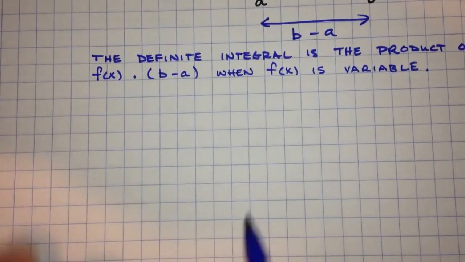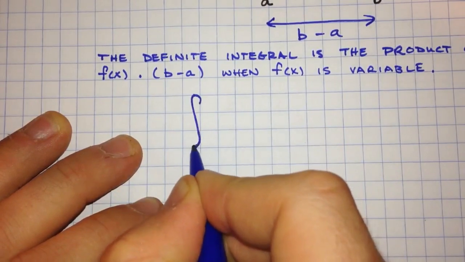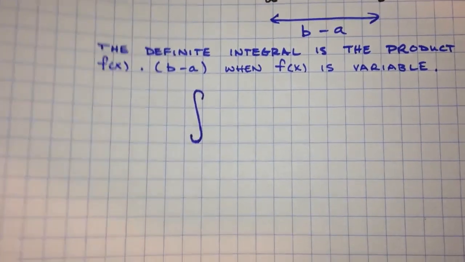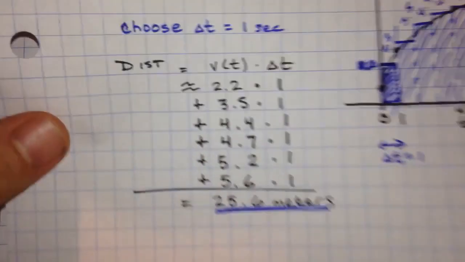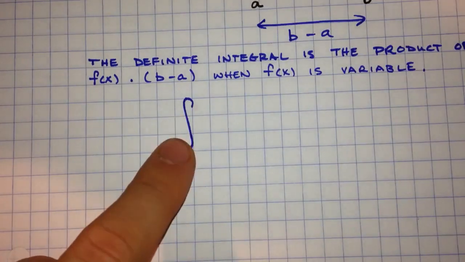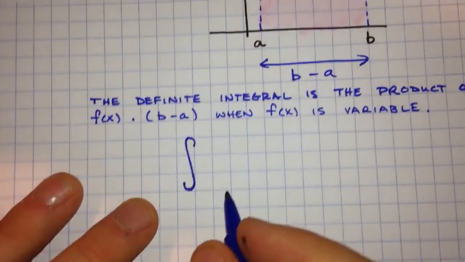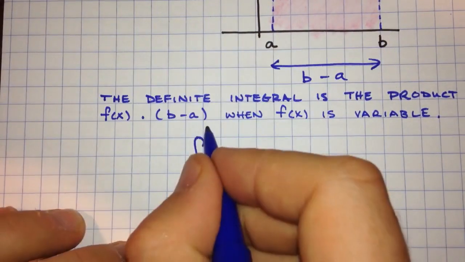Okay, so there's the definite integral. I want to show you the notation. I'm getting an elongated s, and that s stands for sum. You may recall that in the last problem, we added up a bunch of rectangles. So what we were really doing is summing them. And we sum them from the start point, which is right here, to the end point, which is right here.